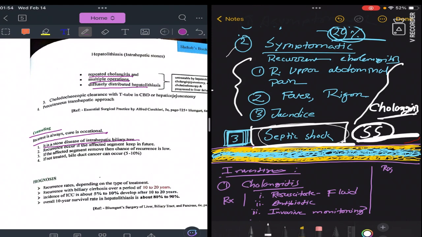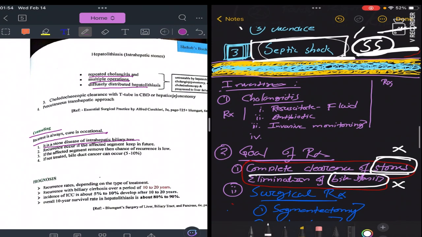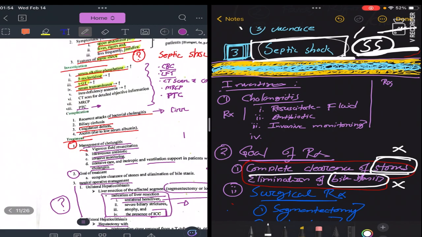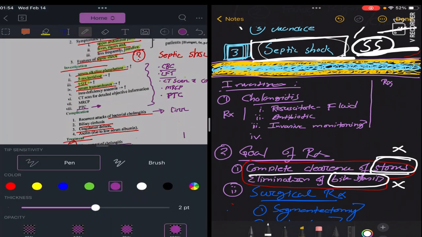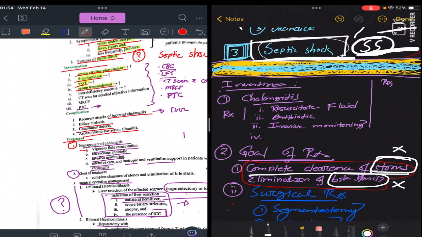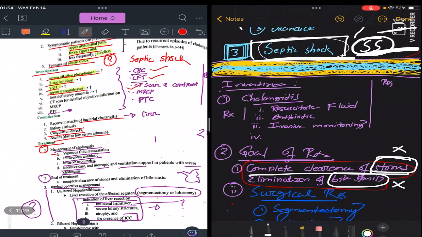Then investigation, treatment. Investigation, we will give some common investigations: CBC, liver function test, CT scan with contrast, MRCP, PTC.